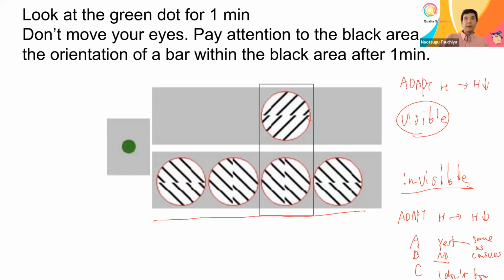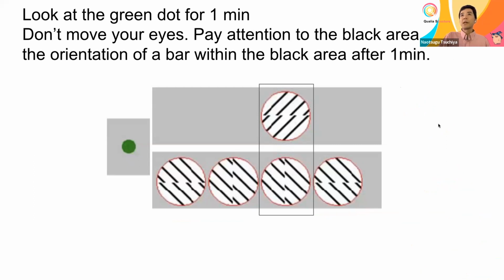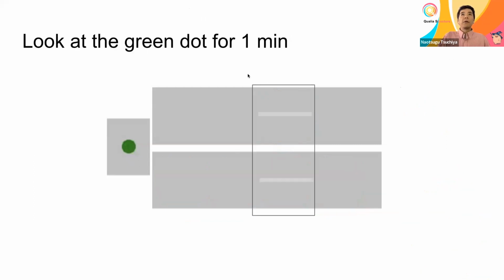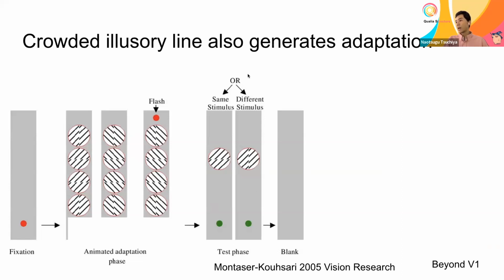So the answer here is the following. This is the kind of experiment that was done in early 2005. These people, Montaser-Kouhsari and another person, did this crowded illusory lines based adaptation experiment.